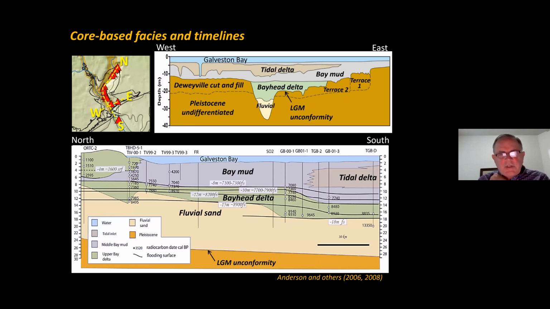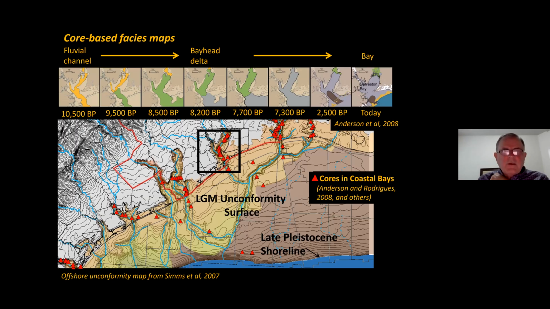And that allows us to put timelines across the geology so that then we can make a series of maps, which you can see in the upper part of the screen, from about 10, 11,000 years ago to today, showing the development of Galveston Bay. So do the same with the rest of the bays.